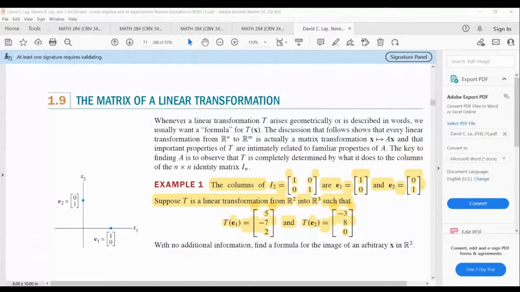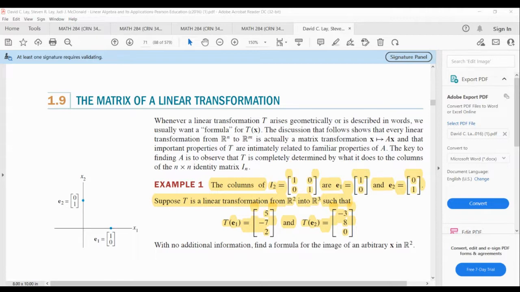Suppose we have some transformation that takes the vector E1 and maps it into the vector with components 5, negative 7, and 2. And then it takes the vector E2 and maps that vector into the three-dimensional vector with negative 3, 8, and 0.